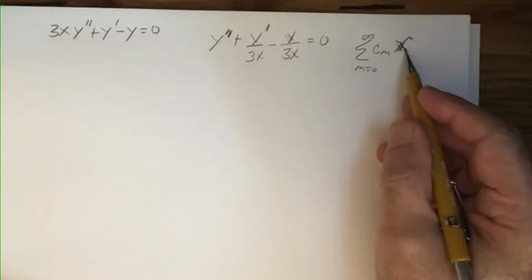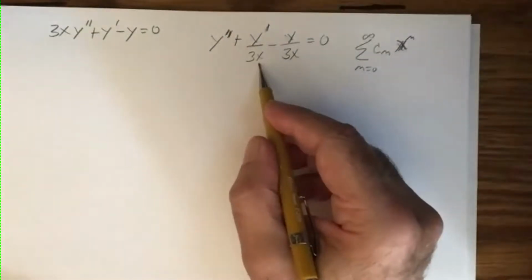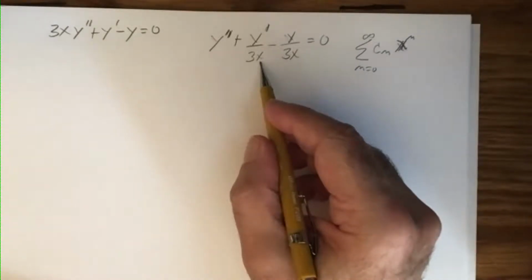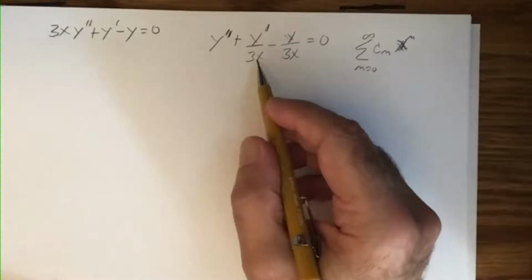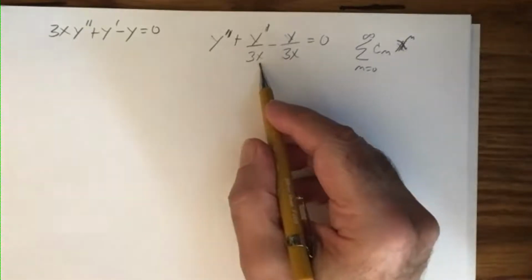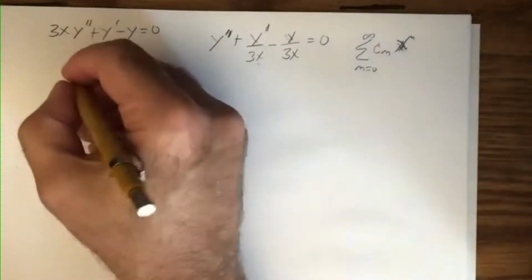When I assume this form, I'm expanding about x equal to 0, and it's got to be an ordinary point. This is a singular point, but it turns out it's a regular singular point. So because this is a regular singular point, I can assume a solution of this form.